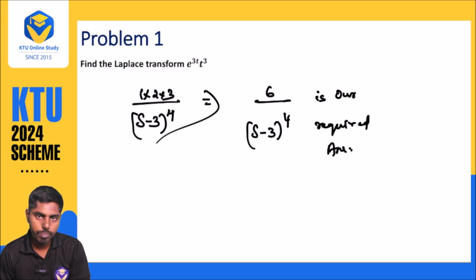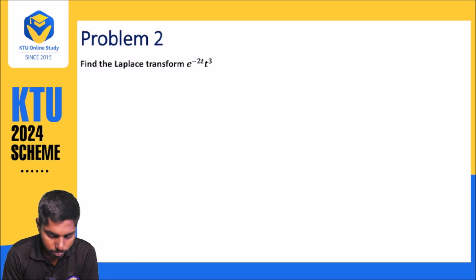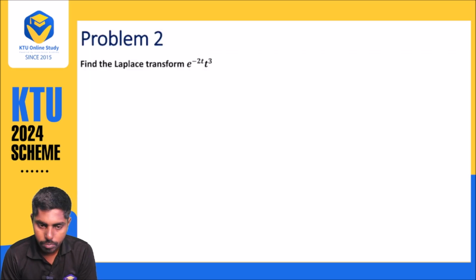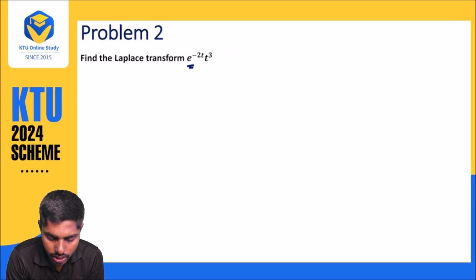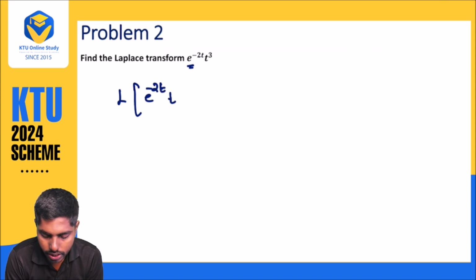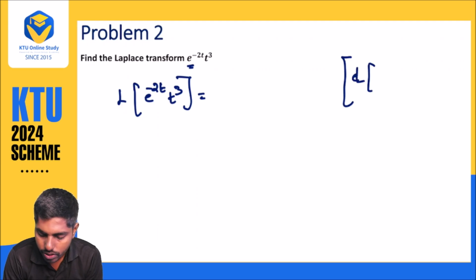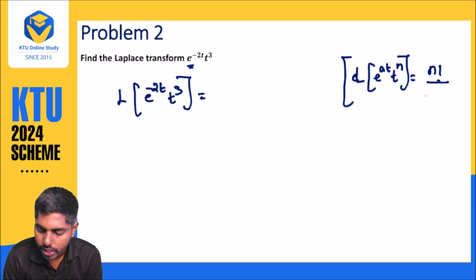So we will go to problem number 2. In problem number 2, they have given the same thing: e is in product with t power 3. So Laplace of e^(-2t) t cube is equal to, we know the formula, Laplace of e^(at) t^n is equal to n factorial divided by (x minus a) to the power n plus 1.